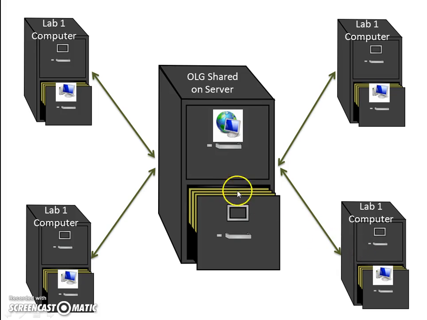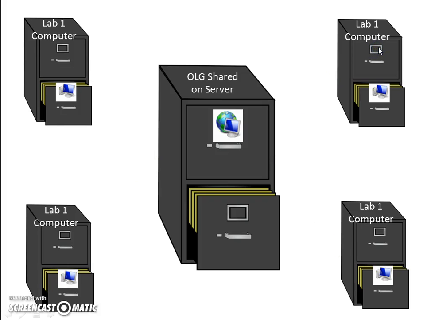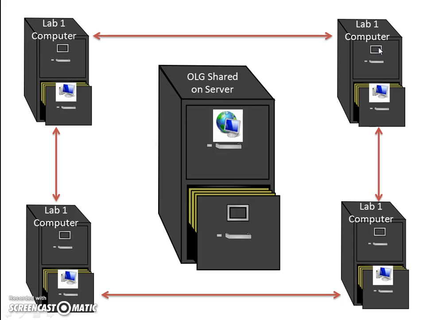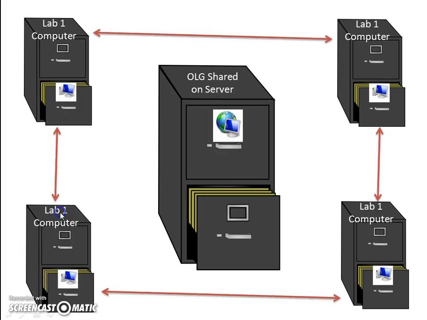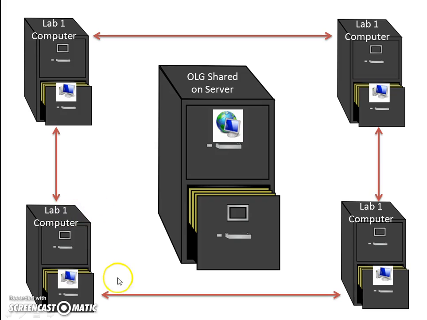So lab 1 computer talks to shared on server. This lab 1 computer talks to shared 1 on server. These are different seats. Okay, so they talk. What doesn't happen here is this lab 1 computer does not ever talk to this lab 1 computer, etc. So these guys, they don't talk.